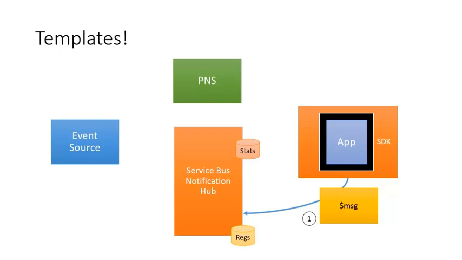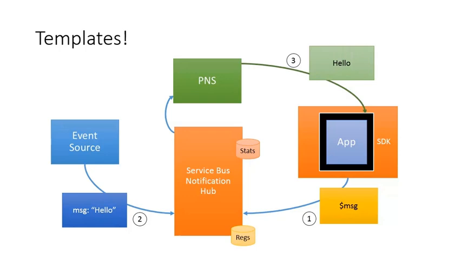That registration, the template registration, goes into the Service Bus notification database. And as events get raised, those events now can become raised as key value pairs. And then Service Bus, as it looks up and iterates over the registration database, will merge the template for each individual device on each individual registration with the inbound message and push that through the push notification service to the application.